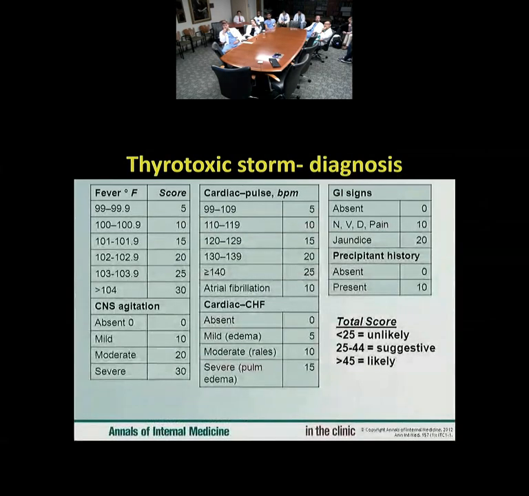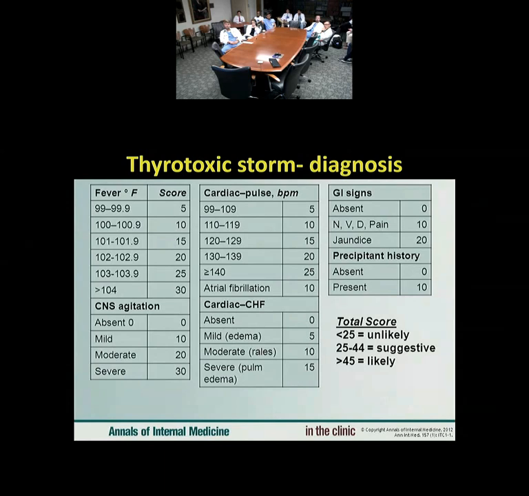And this is a score that has been pretty much validated in 1993 and helps you diagnose thyroid storm. If the total score is more than 45, it is likely; less than 25 is unlikely; 25 to 44, it may be.